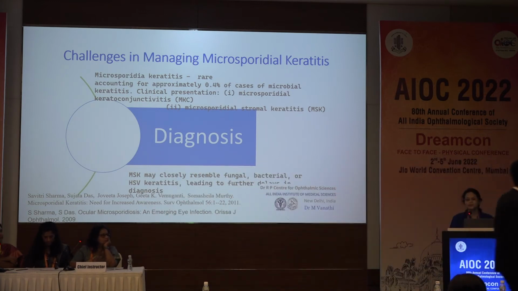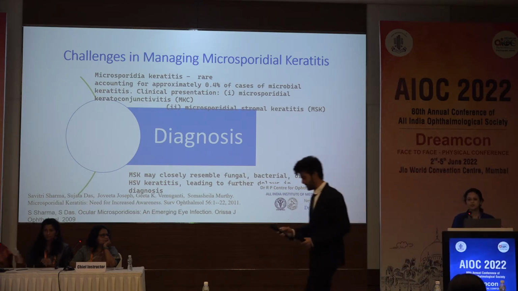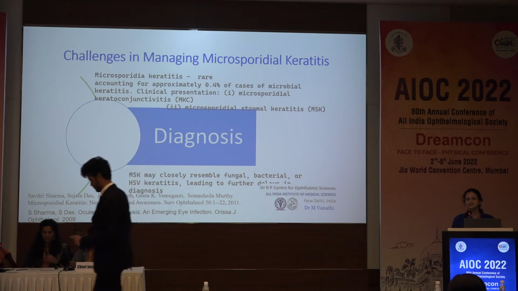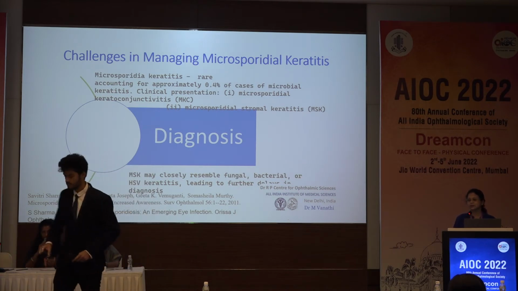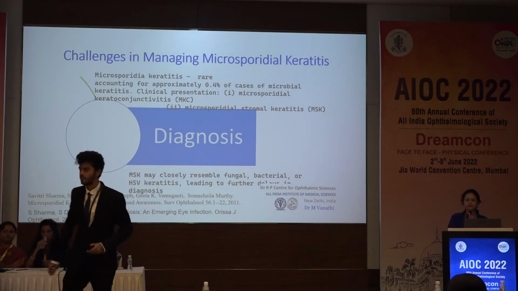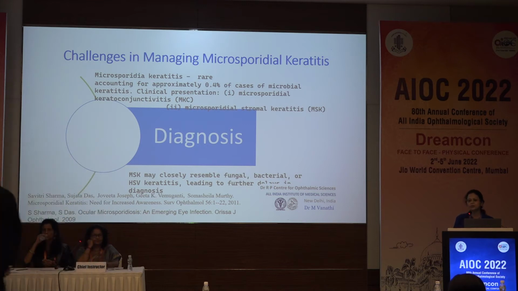When you look at the clinical presentation of microsporidial keratitis, it primarily presents in two forms. What we would commonly see is microsporidial keratoconjunctivitis, which is the more common form, and I'm sure most of us would have seen it.